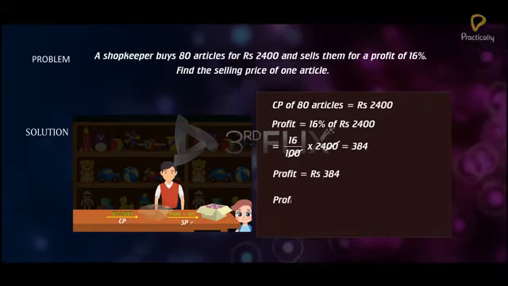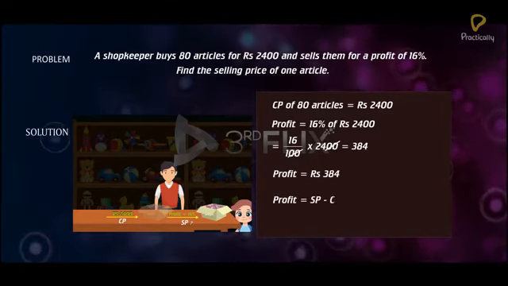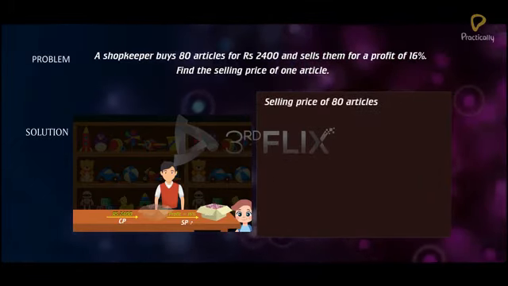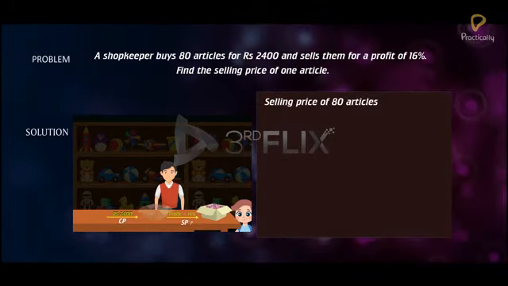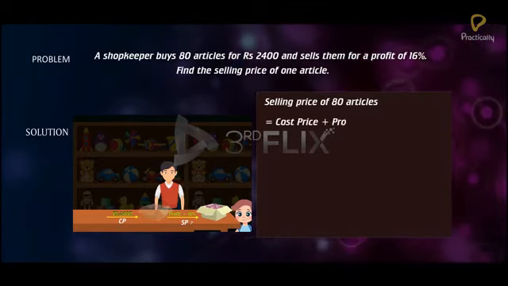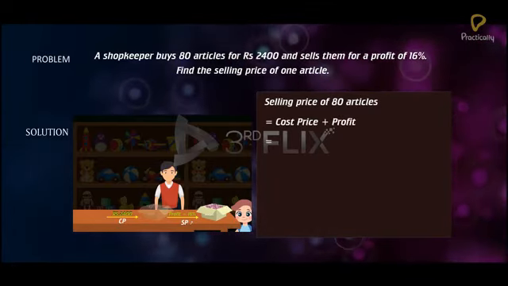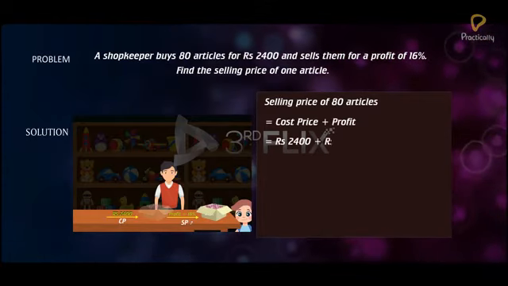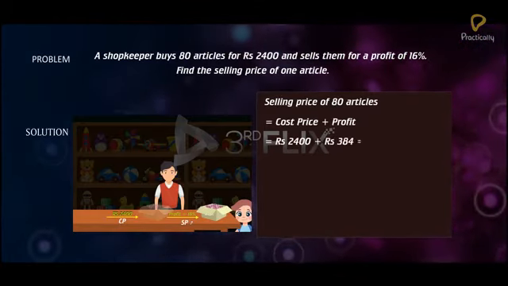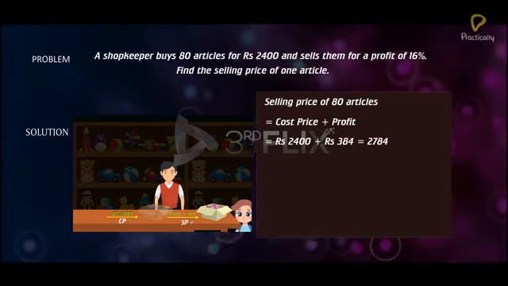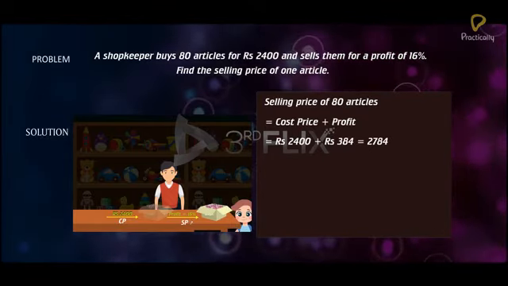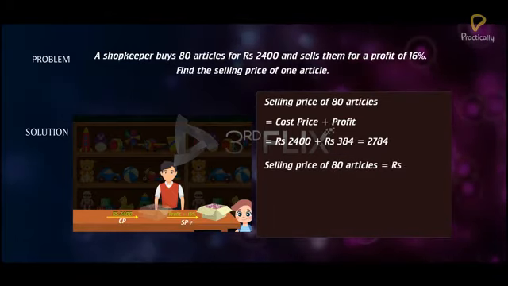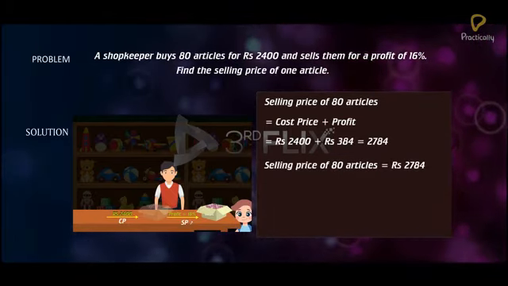As we know, profit is equal to selling price minus cost price. Selling price of 80 articles is equal to cost price plus profit, which is equal to rupees 2,400 plus rupees 384, which is equal to 2,784. Selling price of 80 articles is equal to rupees 2,784.